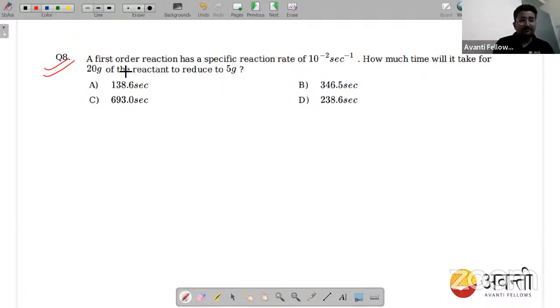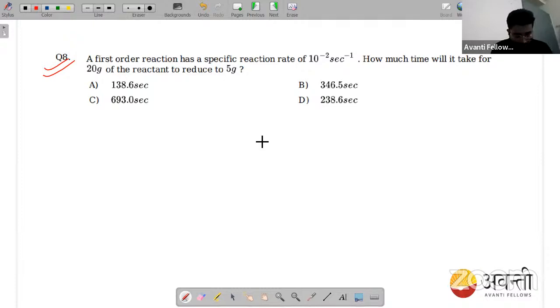This question is: a first order reaction has a specific reaction rate of 10 to the power minus 2 second inverse. How much time will it take for 20 gram of reactant to reduce to 5 grams? So 20 gram of reactant, we have to reduce it to 5 gram.